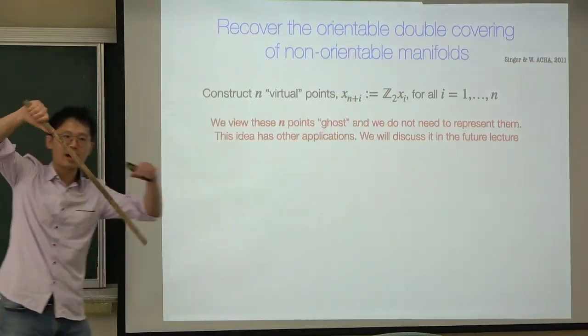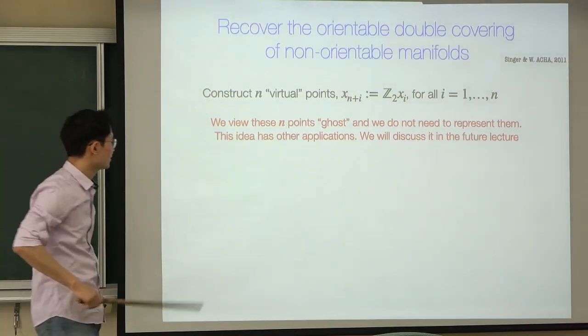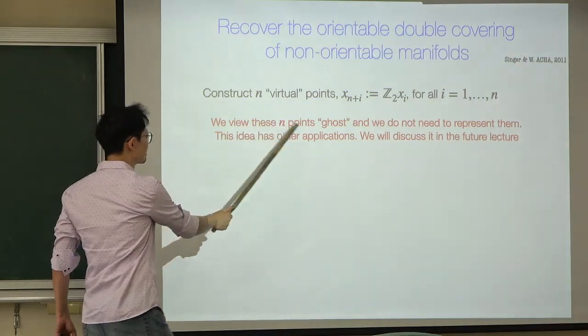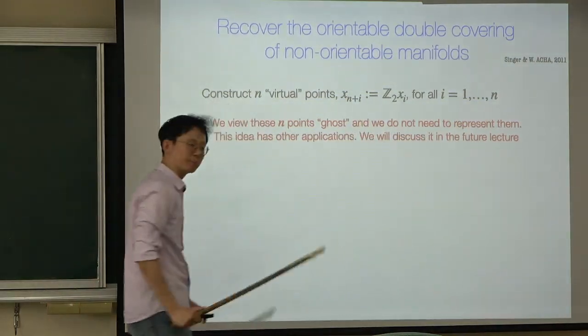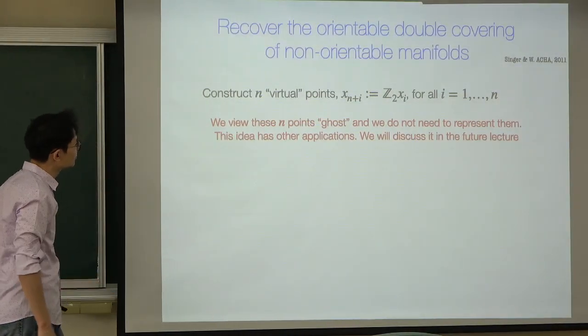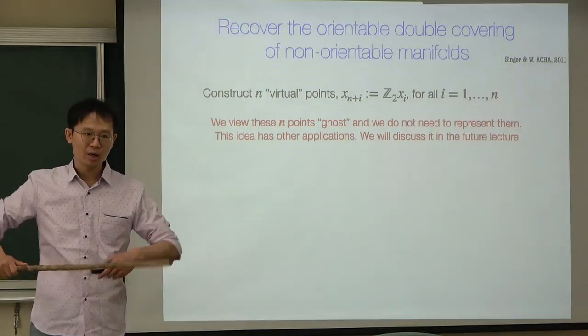Okay, so that we can patch all the patches together so that we generate an orientable manifold, the double cover. So we view those n points as ghosts, and we do not need to represent them or try to find them. Instead, we use this idea to construct a diffusion map.